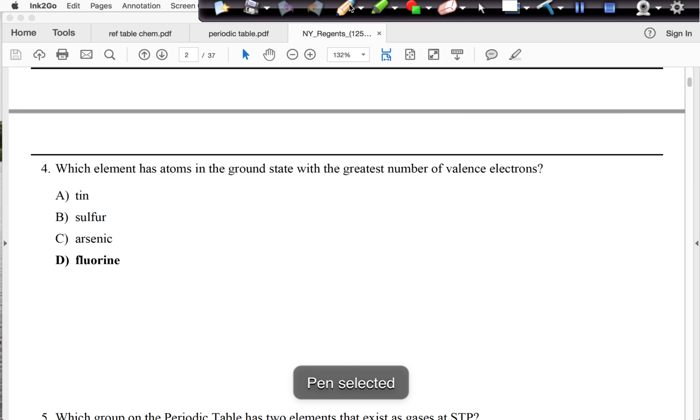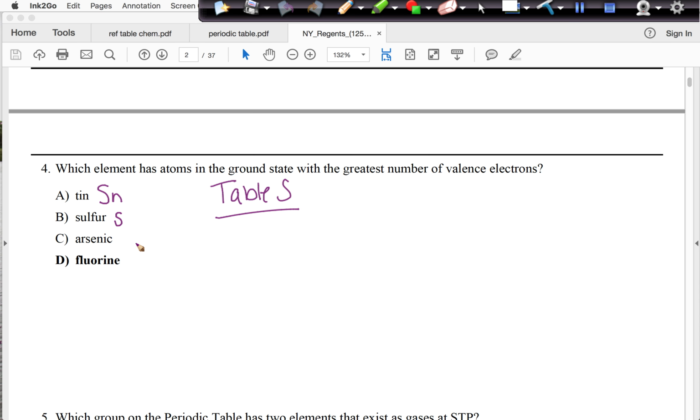Question number 4 asked, which element in the ground state has an atom with the greatest number of valence electrons? So we're going to have to look up tin, sulfur, arsenic, and fluorine on the periodic table. If you don't know the symbols, you can look up the symbols on table S. When you look at table S, tin is SN, sulfur is S, arsenic is AS, and fluorine is F. So we're going to try to look up the valence electrons.